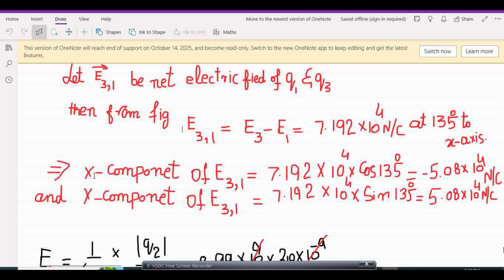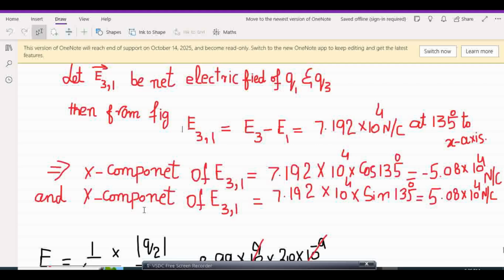So the x component of E31, the net electric field due to Q1 and Q3, is 7.192 into 10 to the power 4 into cos of 135. Cos of 135 is nothing but minus cos of 45, but you can do it with the help of a calculator. When you simplify it, it comes out to be minus 5.08 into 10 to the power 4 Newton per Coulomb.